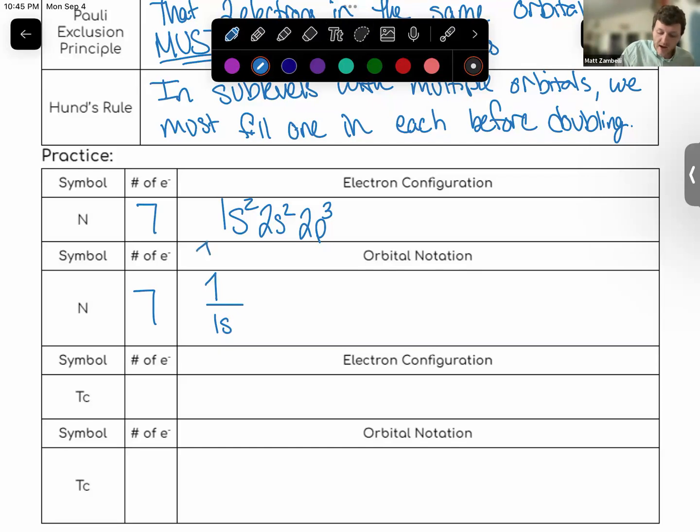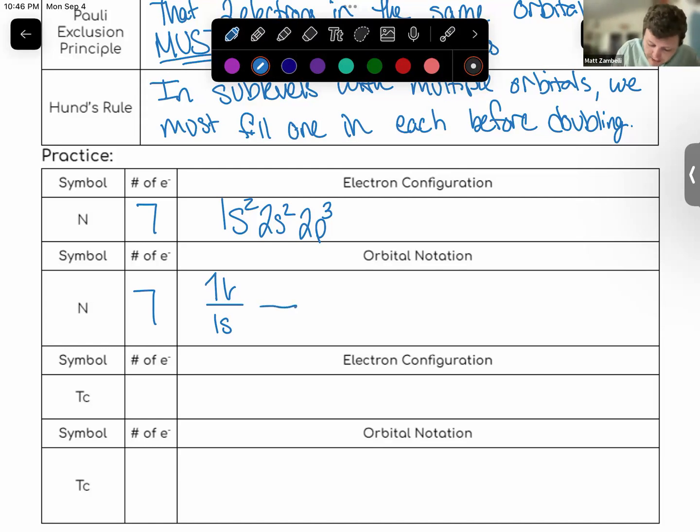I was just taught in college to draw them as half arrows just to make life easier, so they didn't have to take up as much space. But these are my arrows, and if you want to draw normal ones, you are more than welcome to do so. Okay, so you can draw them going up and going down. They are the same. You just won't see mine look that way.